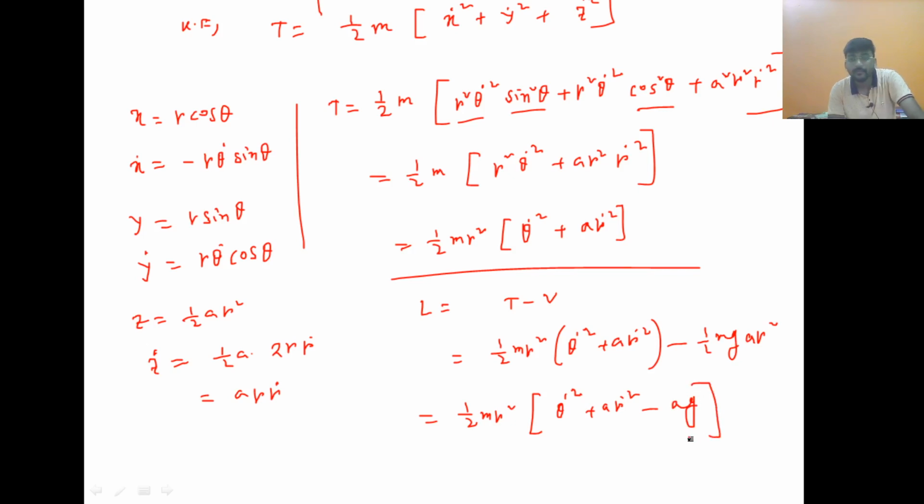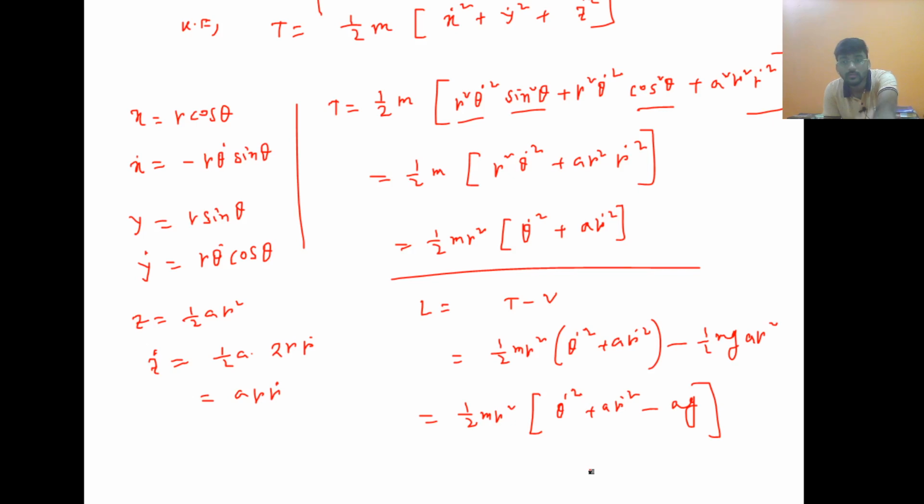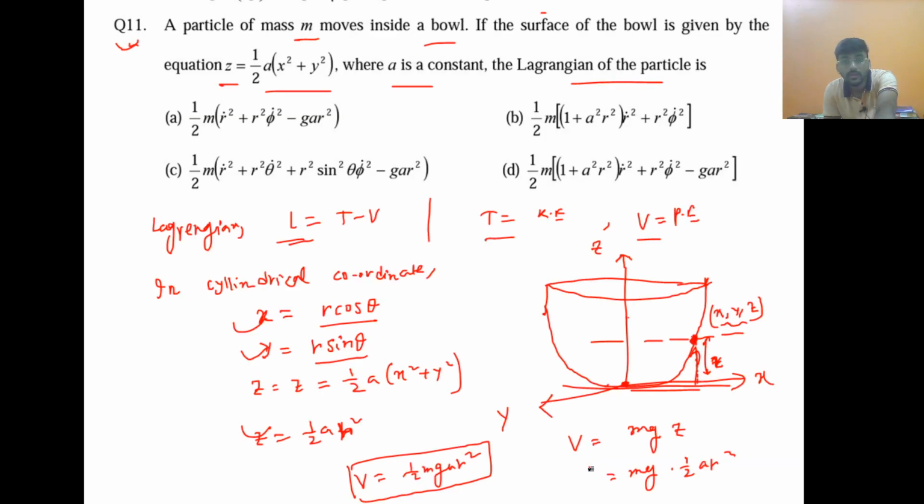Let me see the options first. Then we have to modify it. They don't take common r square, half m only.